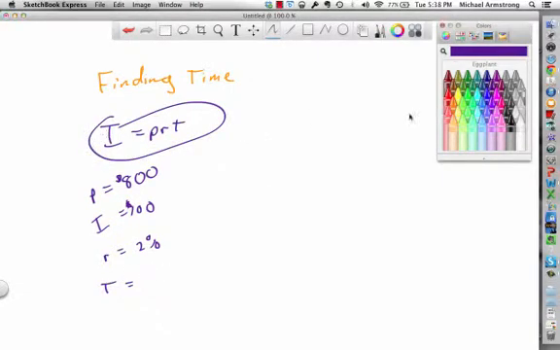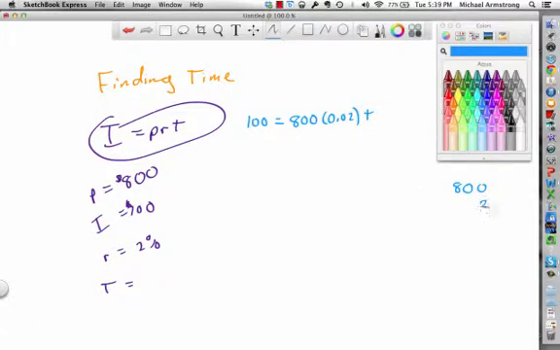So we're going to use our same formula and just plug everything in. The interest is $100. Our principal is $800. The rate is 2%, so that's 0.02, and we don't know T. I'm going to use this little trick that I always use, 800 times 2%.